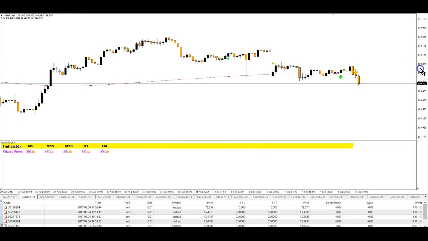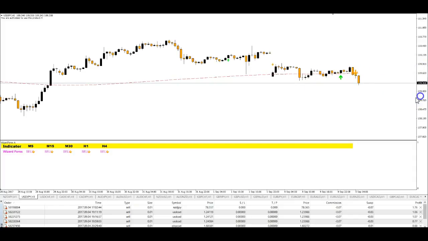Price broke below it and should continue to about 109 to 108.50. Again, short-lived. The market's been in a downtrend for the past 3 days, so this buy alert here is not valid.